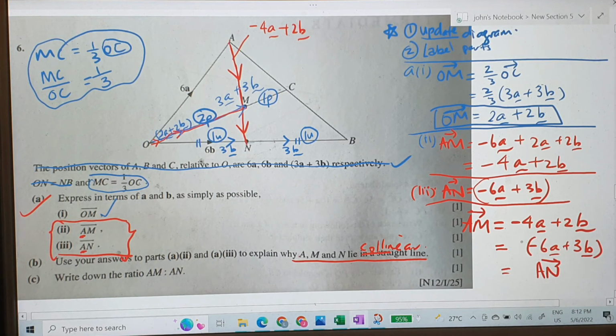Now you ask yourself, what number times this will give you minus 4a? What number times this will give you minus 4a? Very simple. I want 4, right? So it's 4 over 6.